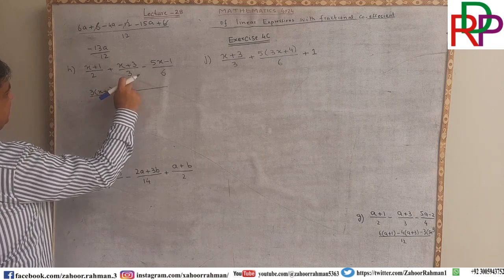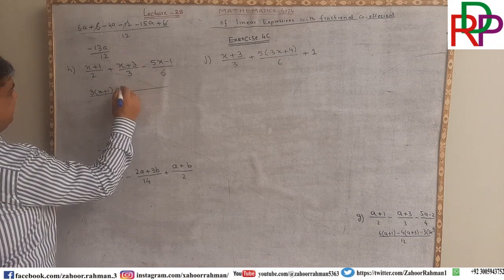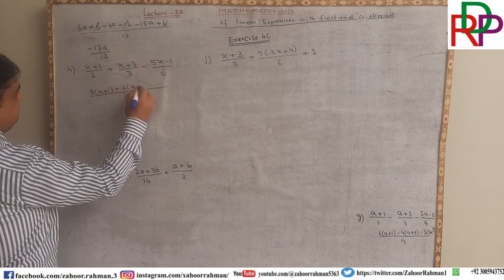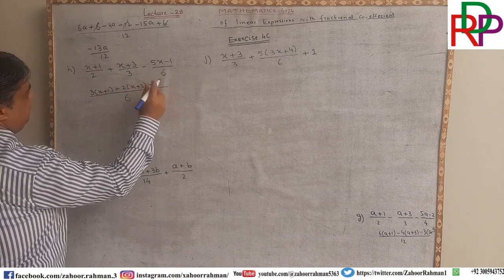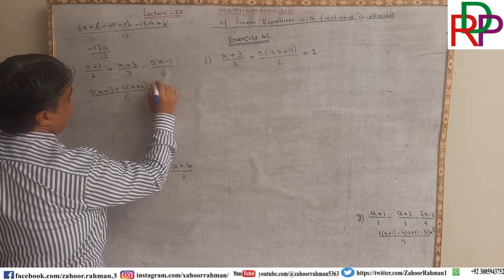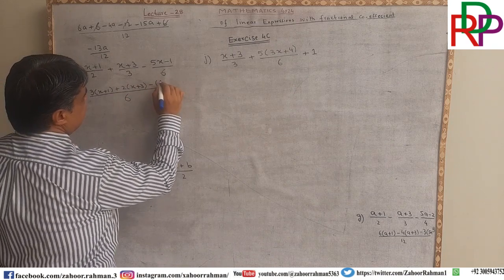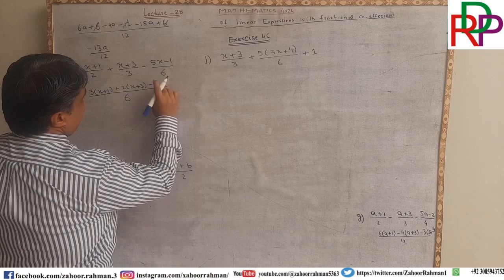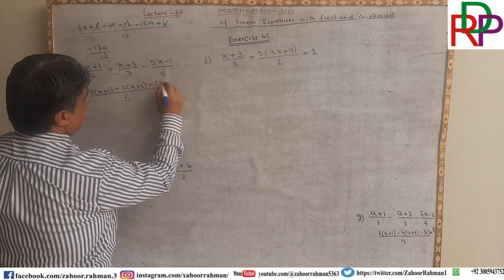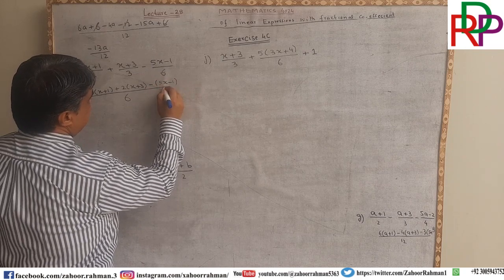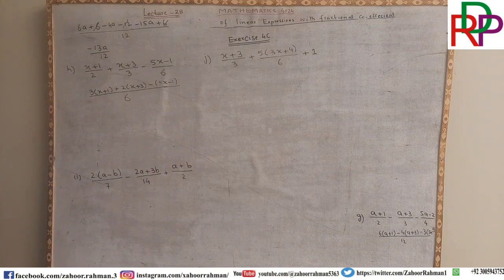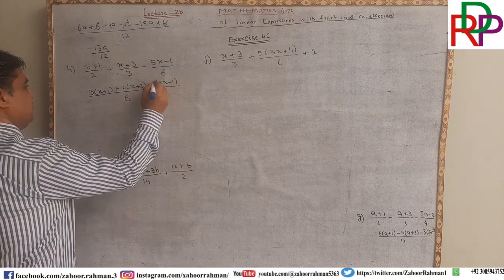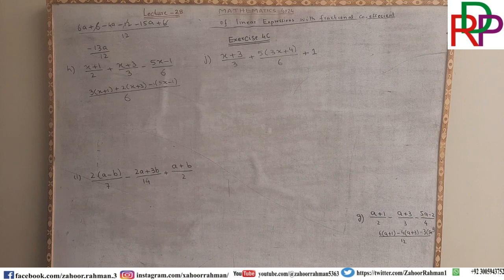Then 2 into 2x plus 3, minus 5x minus 1, because it will give you 1 and you have to multiply minus 1 with that.